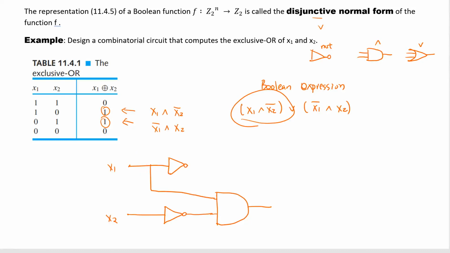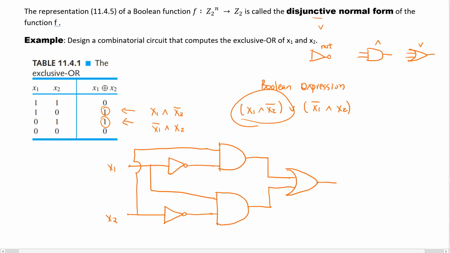Here we have another AND gate. Finally, we have the OR gate, like this. This is the combinatorial circuit we designed based on the Boolean expression. So far, so good, everybody.